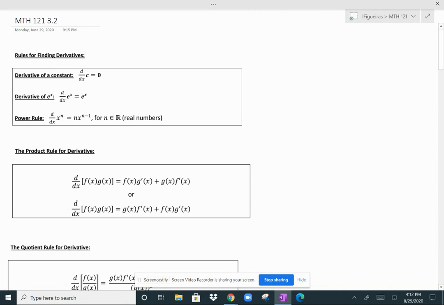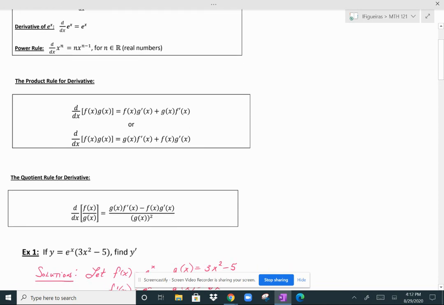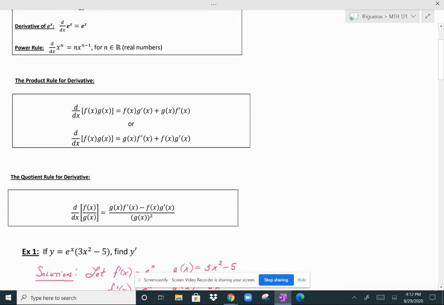So let's just talk about quotient rule before we actually use product rule and quotient rule. Here, if we're taking the derivative of a quotient, the quotient being f of x divided by g of x, that is going to equal g of x times f prime minus f of x times g prime, and that entire difference is divided by g of x to the second power.